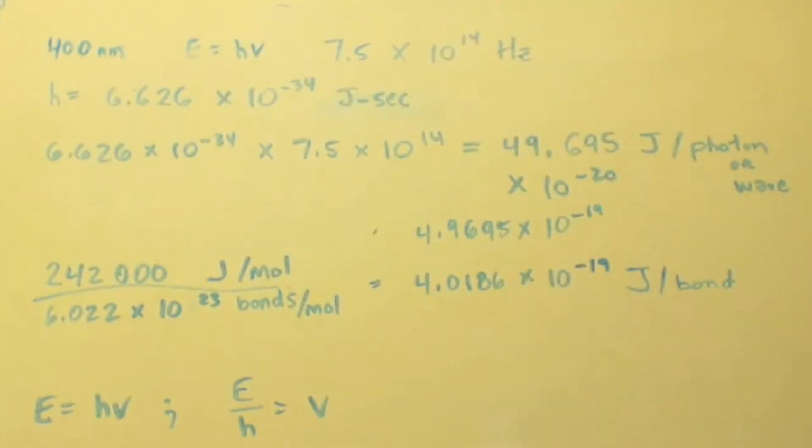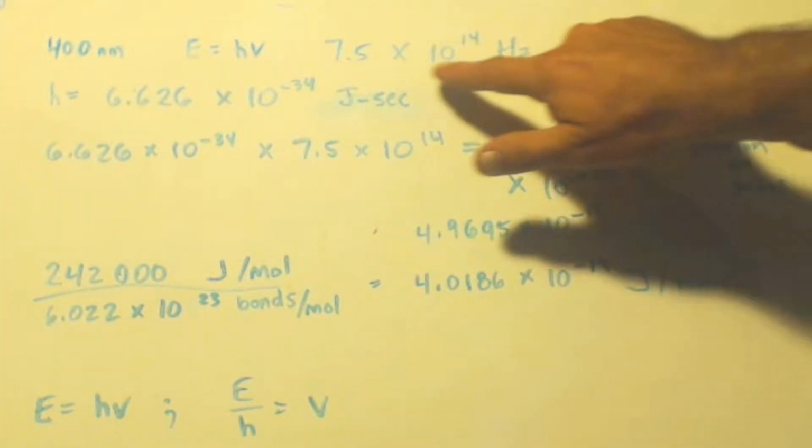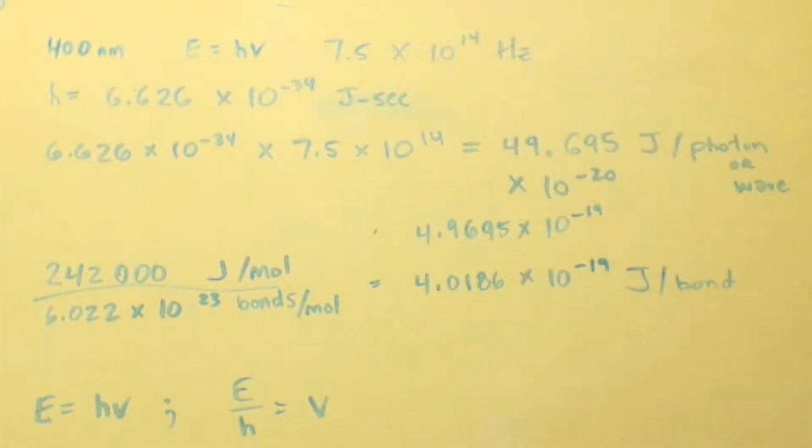Alright, now this is like my 3rd attempt at this video with this math, okay? My whole problem, and I'm going to put a link to the site where I got it, because I got 400 nanometers. I looked online on a chart, and it said 10 to the 15th, and you can see right here, it is not 10 to the 15th hertz, it is 7.5 times 10 to the 14th hertz. That made a big difference.